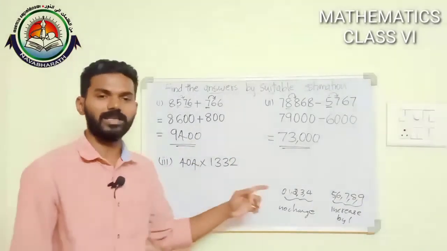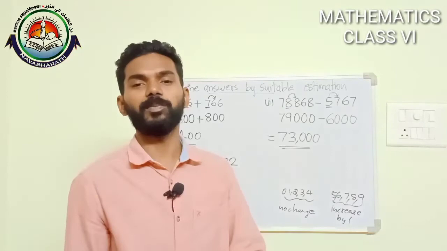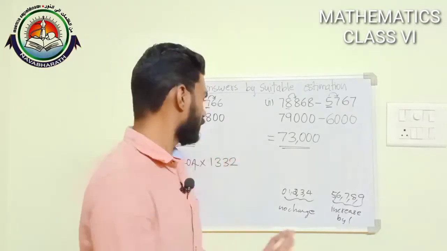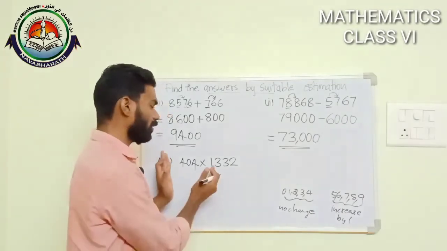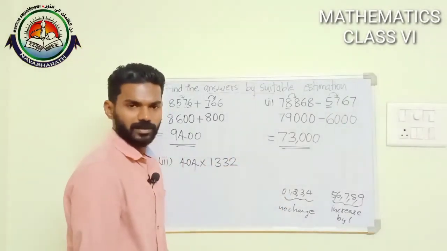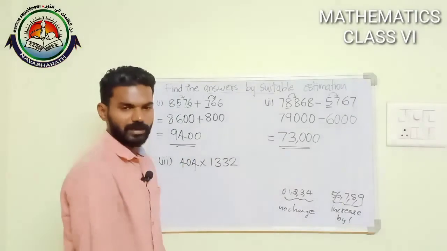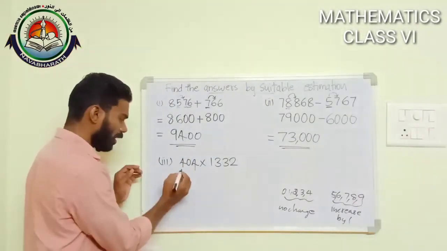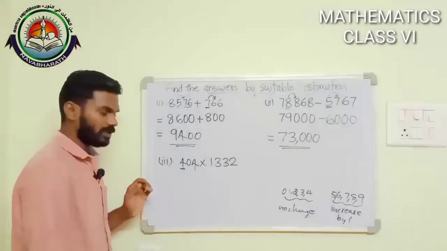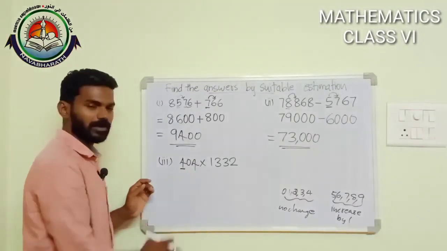Now do this one. This is multiplication. And in multiplication, we consider both the numbers separately. No need to count the digits and compare. Consider the numbers separately. 404 has to be rounded off up to this digit. This digit means ones, tens, hundreds.